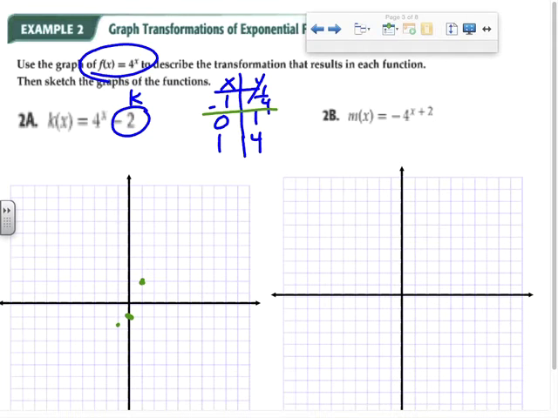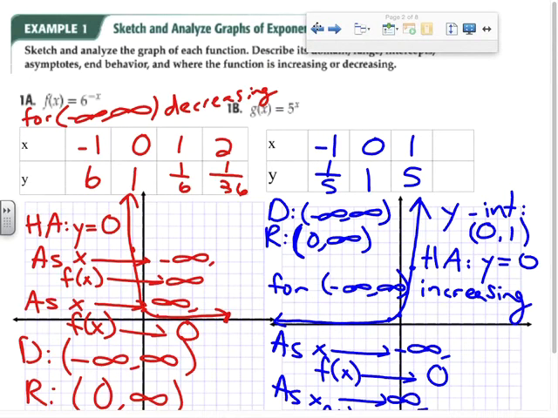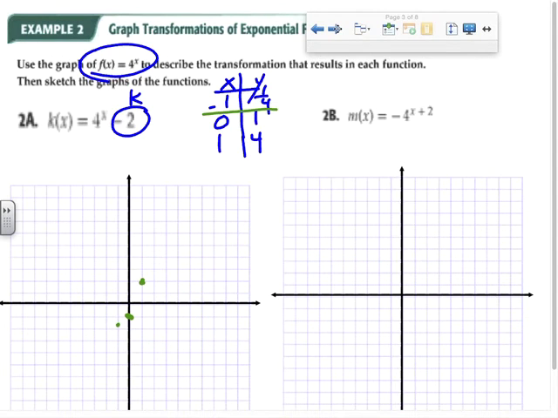And then if you remember that 4 to the x power is going to behave very much like this graph that had a horizontal asymptote at y = 0, this will have a horizontal asymptote at y = -2. So I might want to make sure that I'm coming from flat there and growing very big very fast.